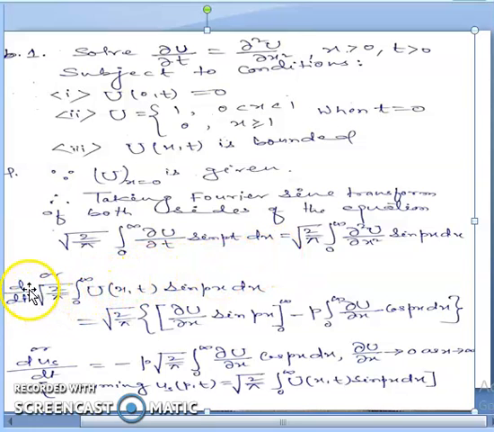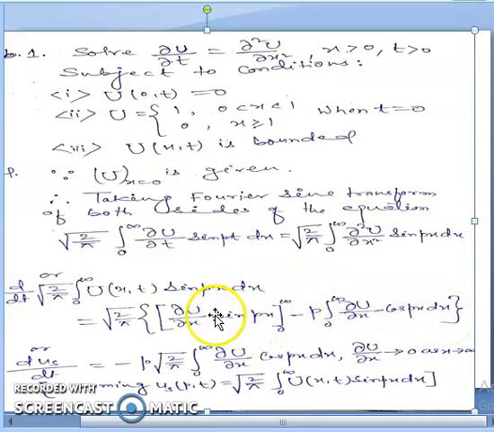Now on the left hand side we have d/dt of √(2/π) ∫₀^∞ u(x,t) sin(px) dx, and the right hand side becomes √(2/π) as it is, and this part, as we have already discussed in type 1, is integration by parts. So it becomes ∂u/∂x sin(px) from 0 to ∞ minus p ∫₀^∞ ∂u/∂x cos(px) dx.